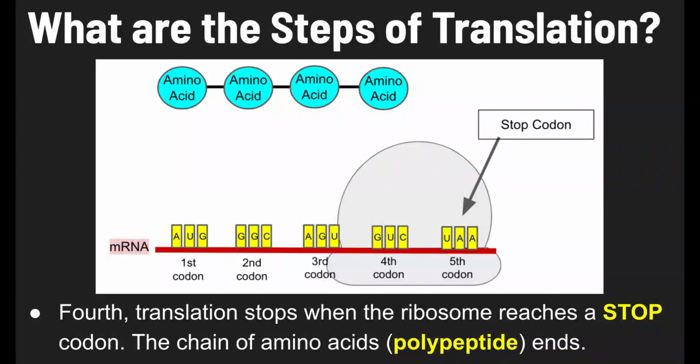You're not putting any more amino acids on the chain. The chain ends here. So when the ribosome reaches that stop codon, which in this case would be UAA, it's done building this chain of amino acids. And that chain of amino acids, that's called a polypeptide.